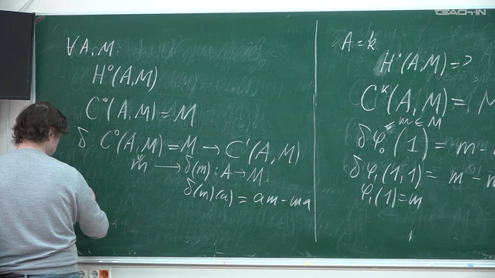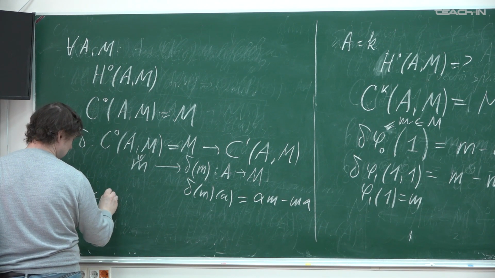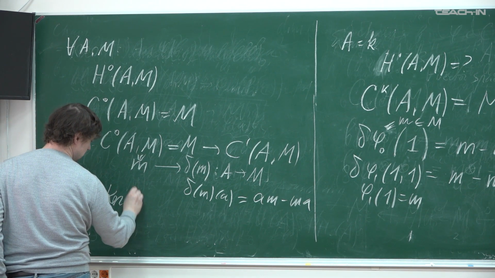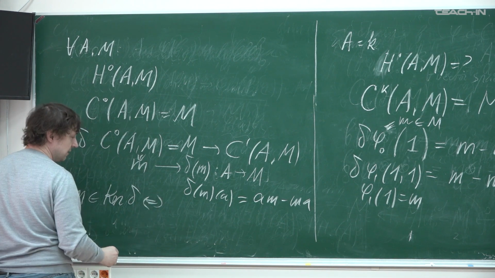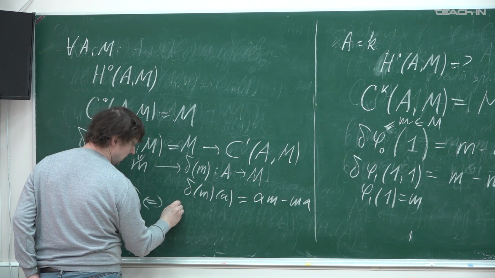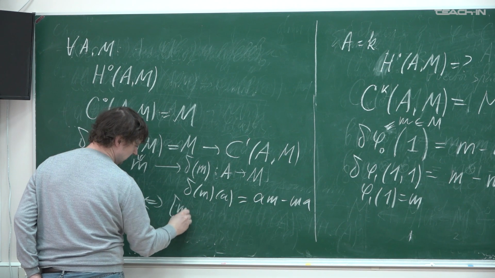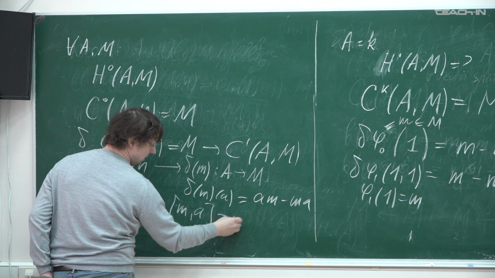So m is in the kernel of delta if and only if m commutes with every element a in A.